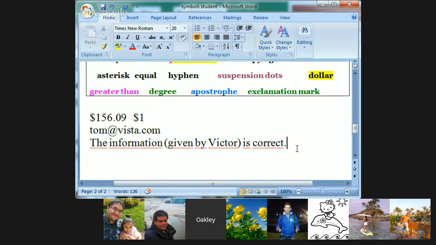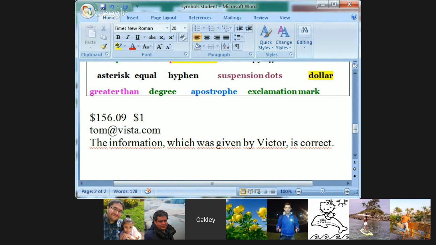We do the same thing when we have a relative clause, because we use a relative clause much the same way. So, for example, the information which was given by Victor is correct. So here, we bracket this off with parentheses on either side.